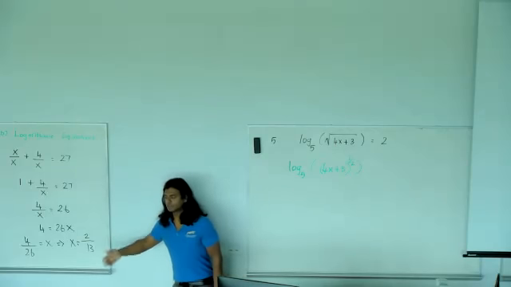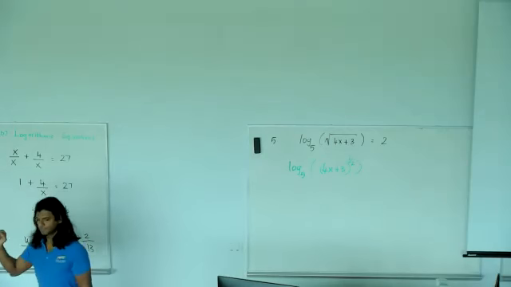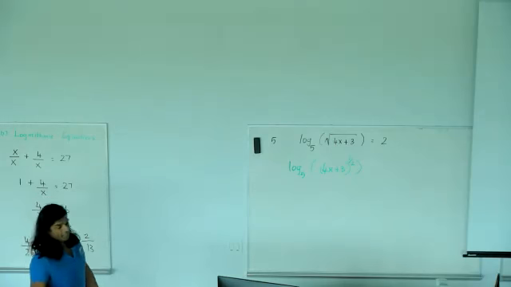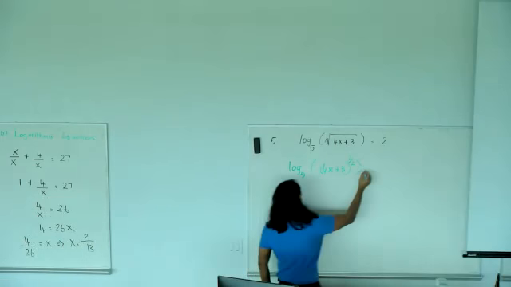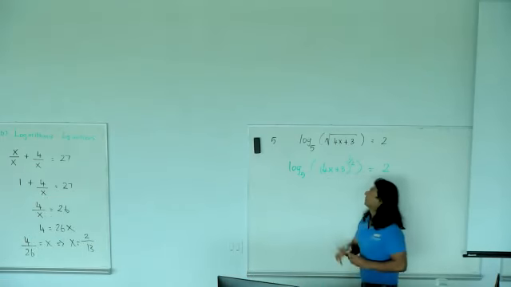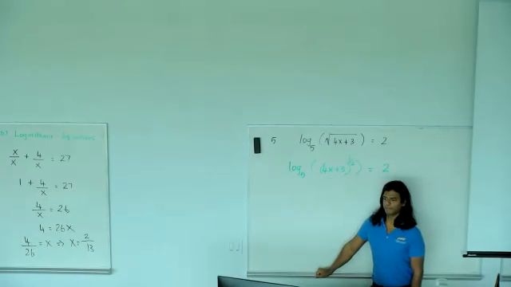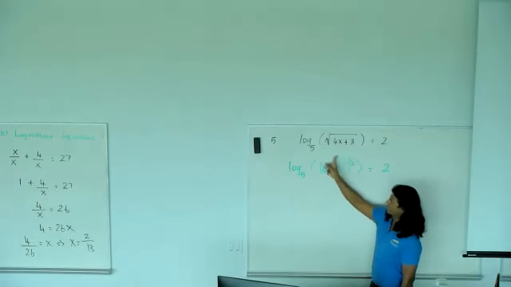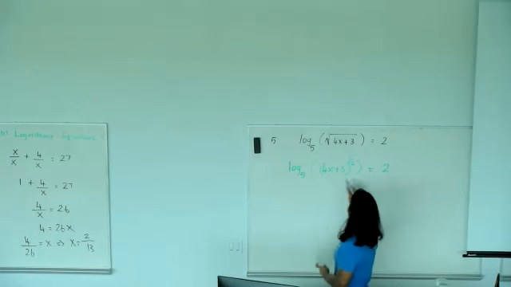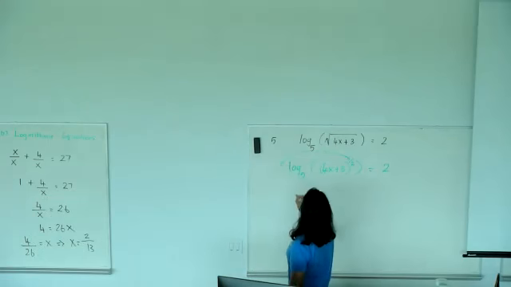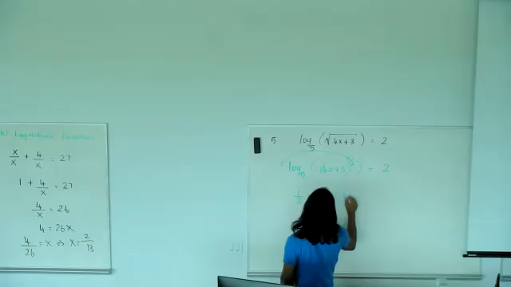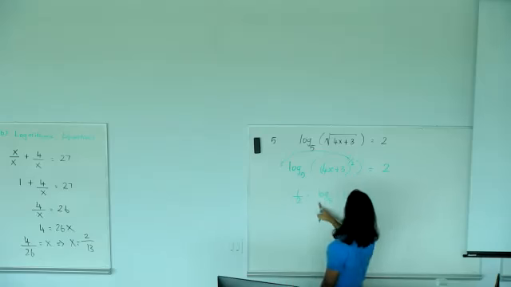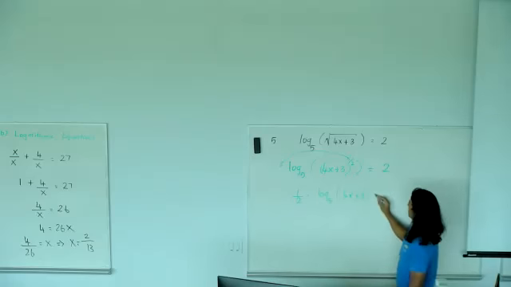If it is a cube root, what would you raise it to the power of? 1/3. What rule can we use? Our rule, move that 1/2 to the front. You'll have 1/2 times log base 5 of 4x plus 3 equals 2.